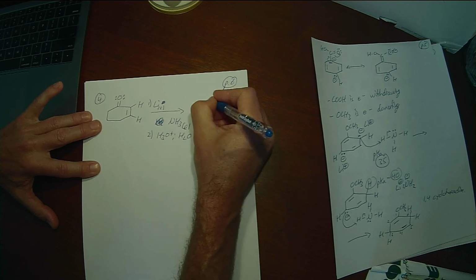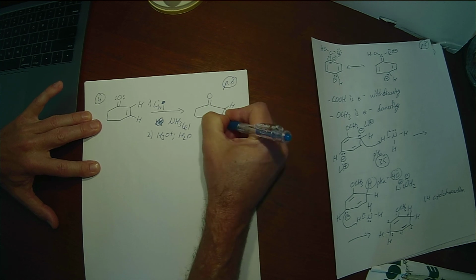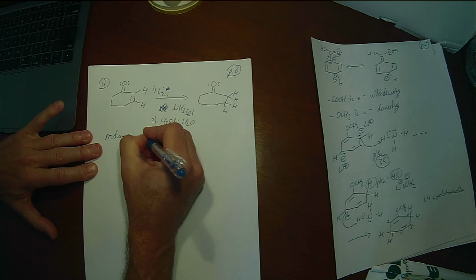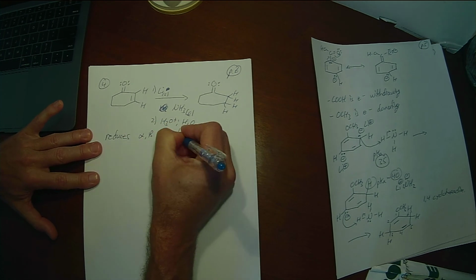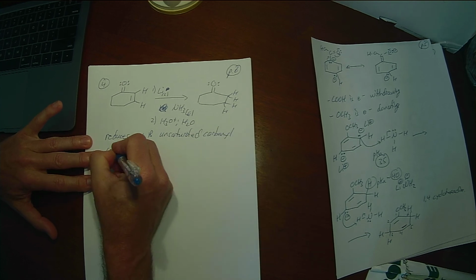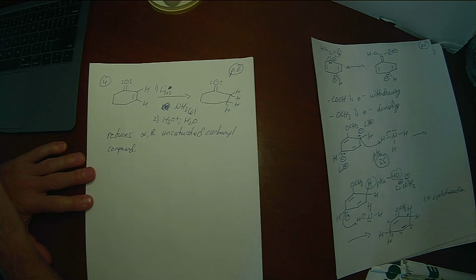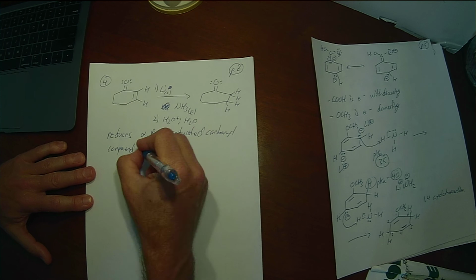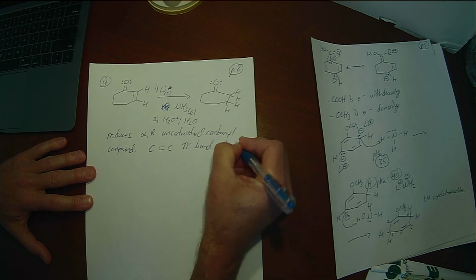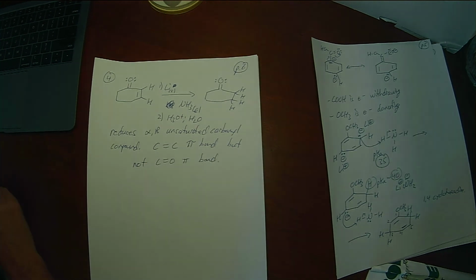That will generate the plain old ketone. So it reduces what we call an alpha beta unsaturated carbonyl compound to give just reduction only of the carbon-carbon pi bond, but not the carbon-oxygen pi bond. So that's a useful selective reduction.